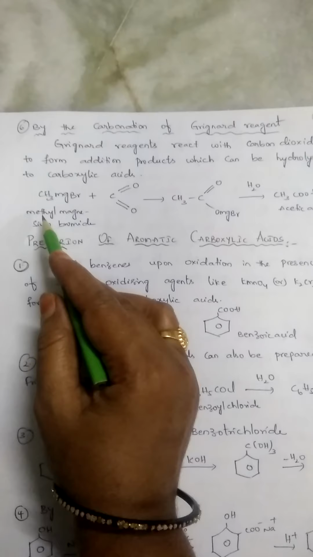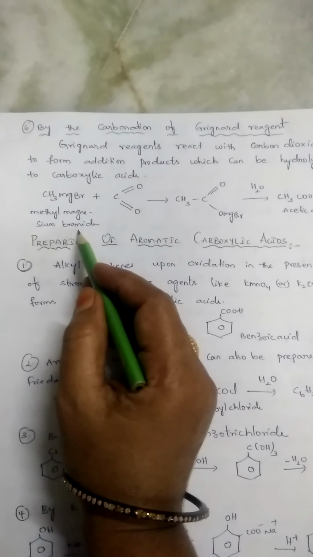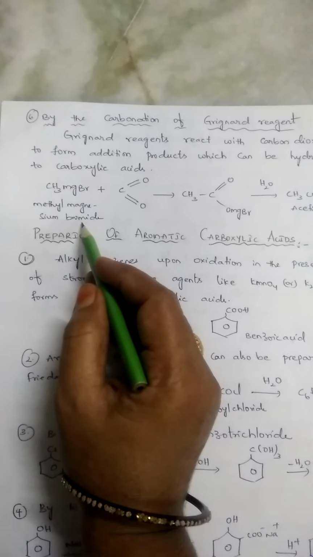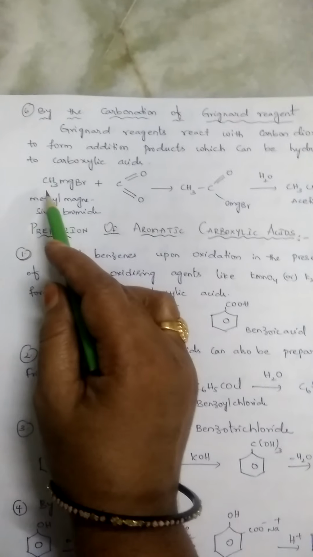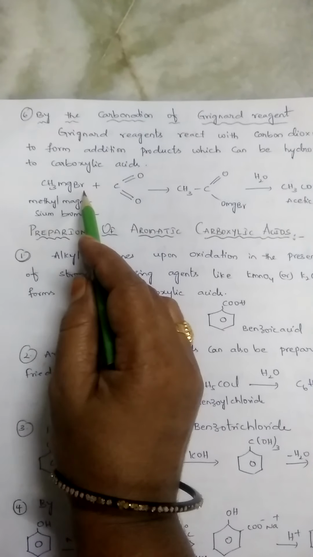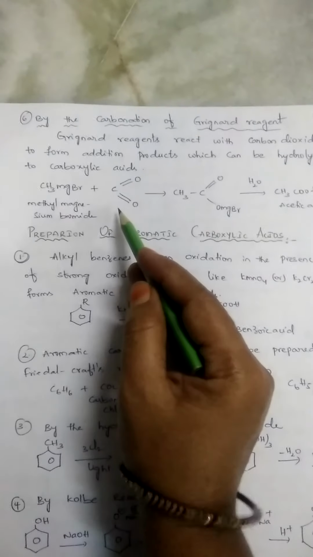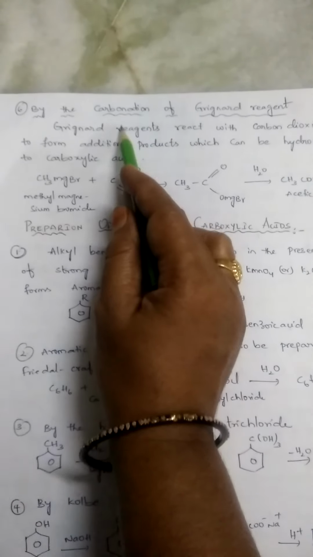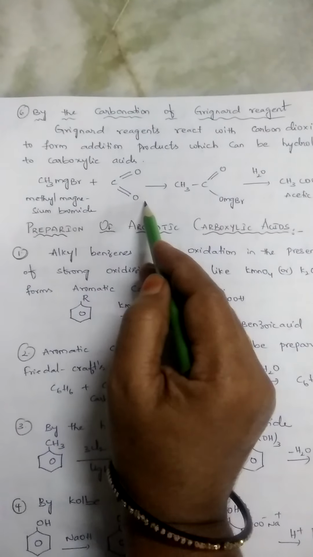And the next one is the carbonation of Grignard reagent. So these are alkyl magnesium halides, which are nothing but Grignard reagents, isn't it? Here I took methyl magnesium bromide. Carbonation means addition of carbon dioxide.